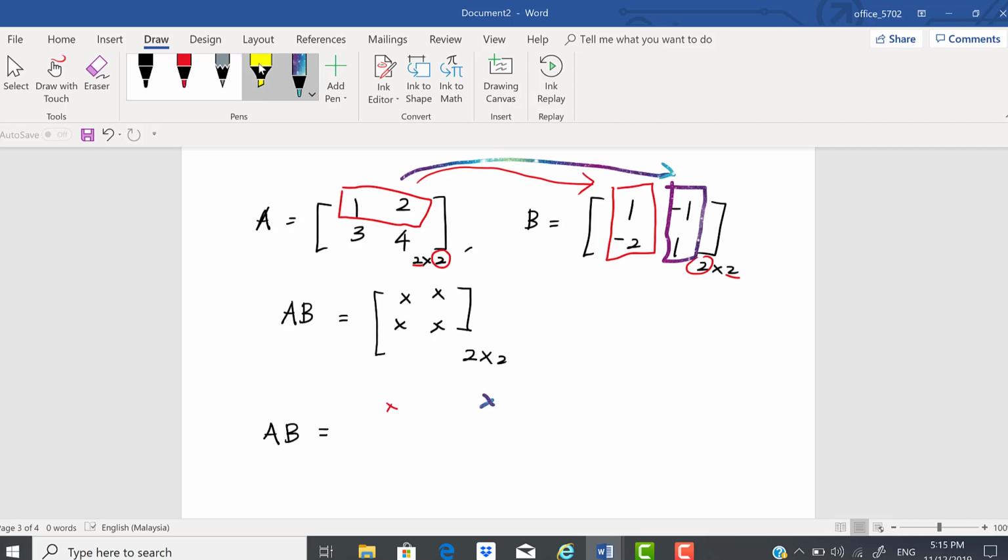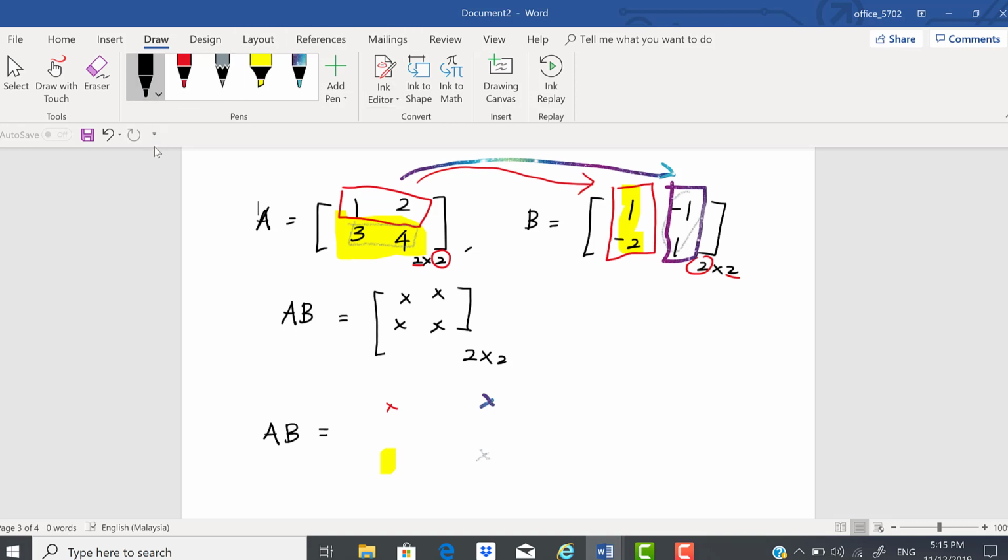Then we do the same for this one, times this one, then we get the value here. And this one again, 3, 4 times 1, negative 1, 1, then you get the value here.